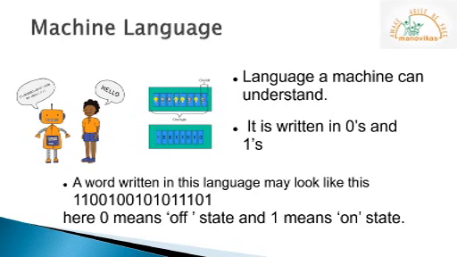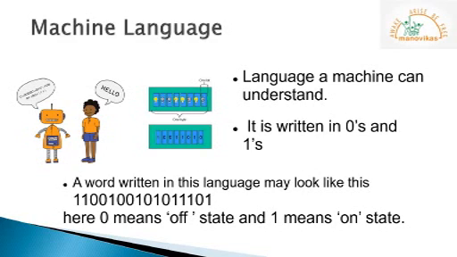Now let me explain the low-level languages. So let's begin with machine language. Machine language is the language which is directly understood by the machine and it comprises zeros and ones. This language is also called binary language. This language does not need a translator, as it can be understood by a computer directly.